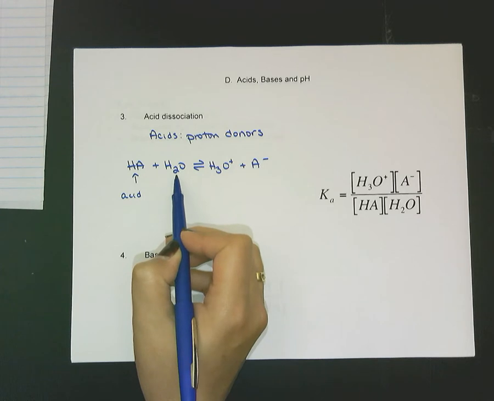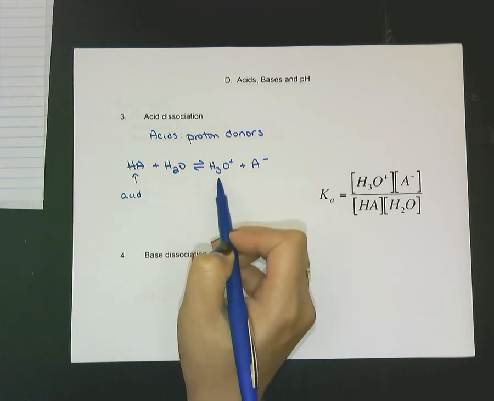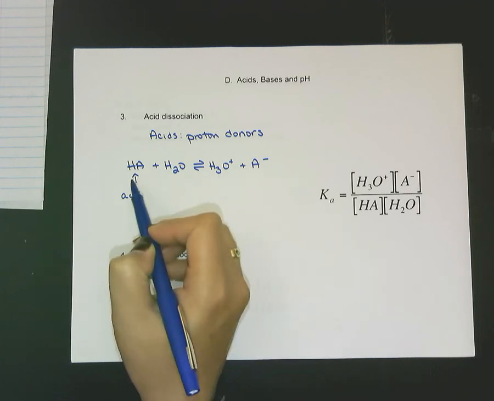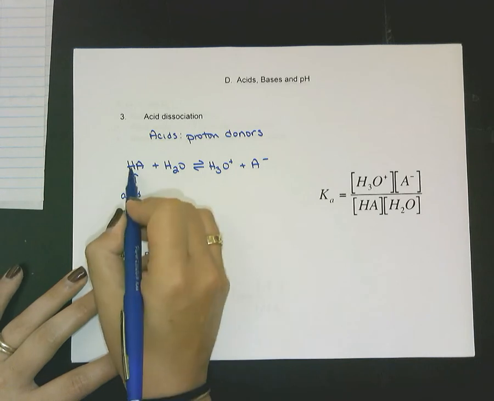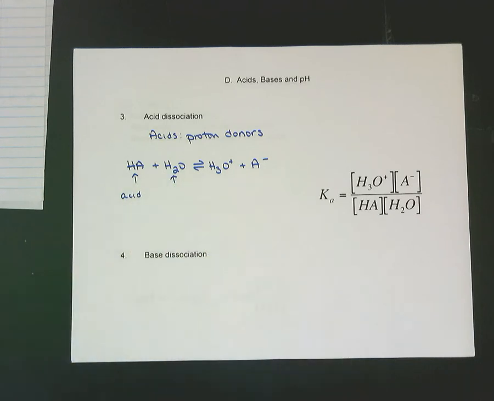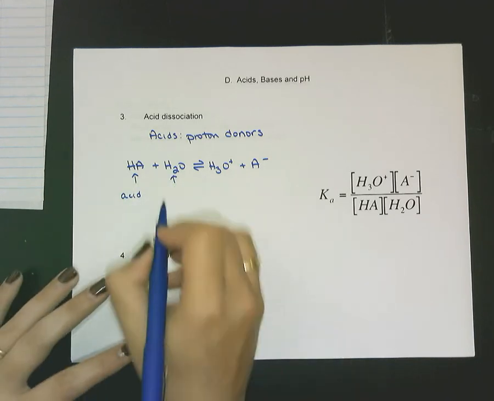What happened to the water? It gained a proton. What happened to the acid? Lost a proton. Okay? So if this one is the acid, how is the water acting in this case? Acting as a base.